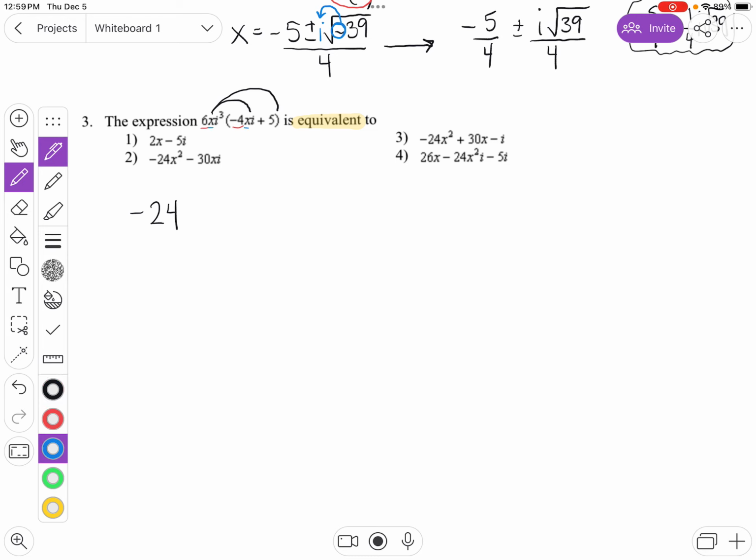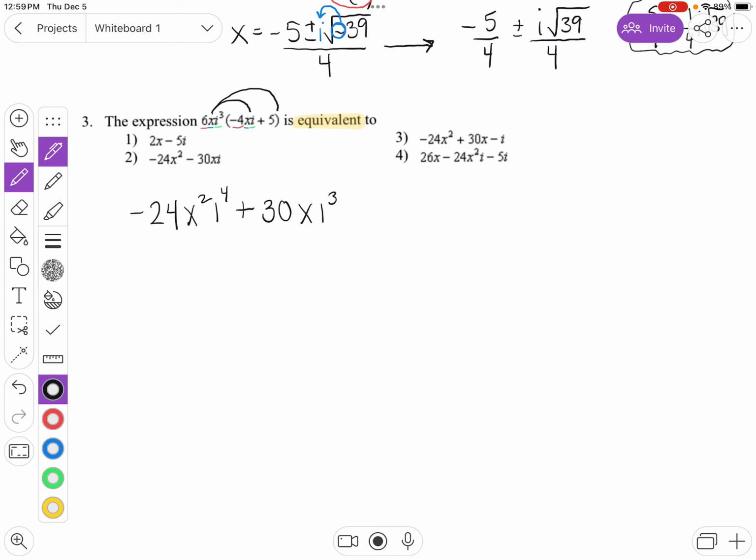I have an x and an x. That's going to become an x squared. And then lastly, I have i to the third and an i. Whenever you multiply x's or i's, you always add the exponents. Plus the only number I'm really multiplying here is the 5. So 6 times 5 is 30. And then I'm going to keep the x and I'm going to keep the i to the third.